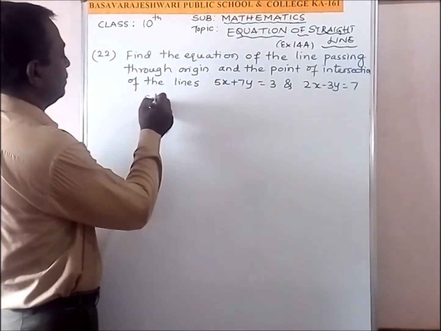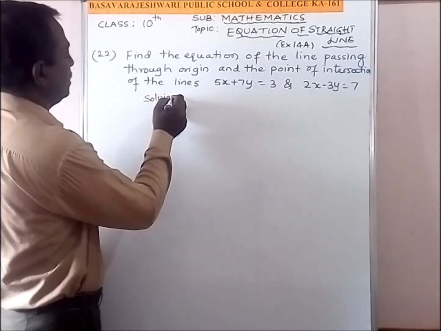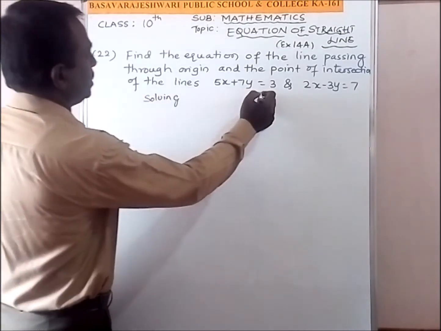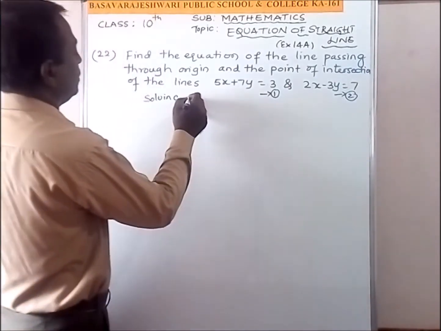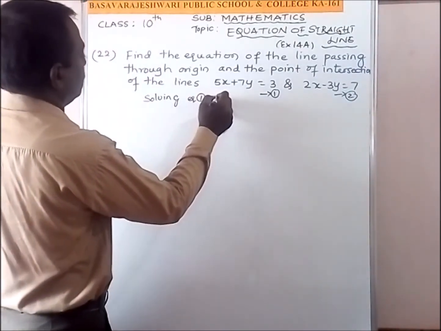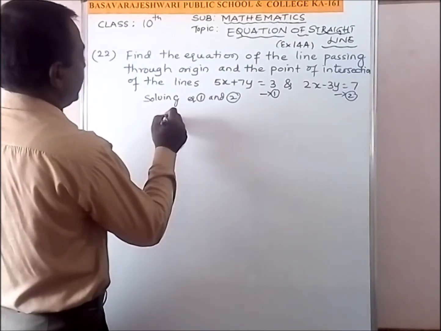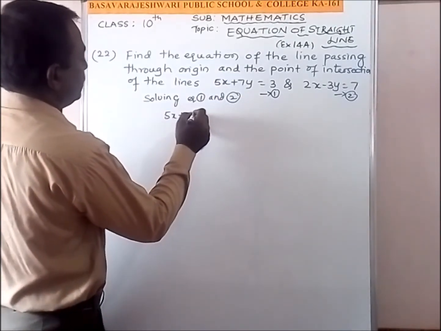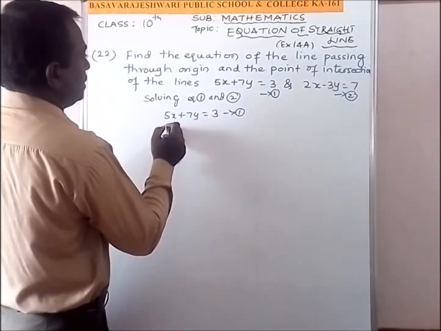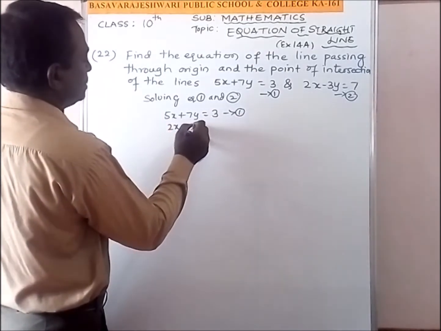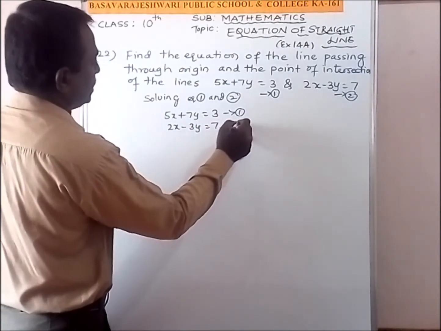Solving. This is equation 1. This is equation 2. Solving equations 1 and 2: 5x plus 7y is equal to 3. 2x minus 3y is equal to 7, equation number 2.